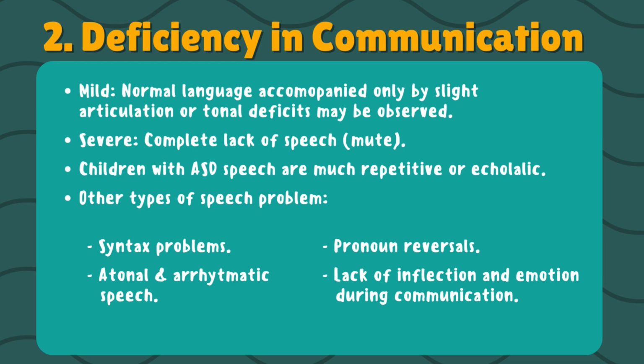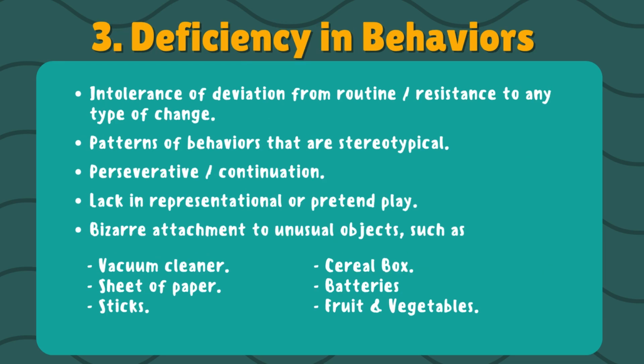Children with ASD speech is much repetitive or echolalic. Other types of speech problems are syntax problems, atonal and arrhythmic speech, pronoun reversal, and lastly, lack of inflection and emotion during communication.